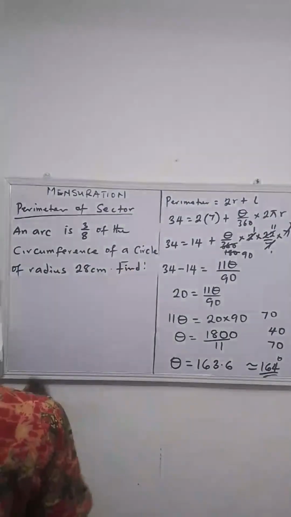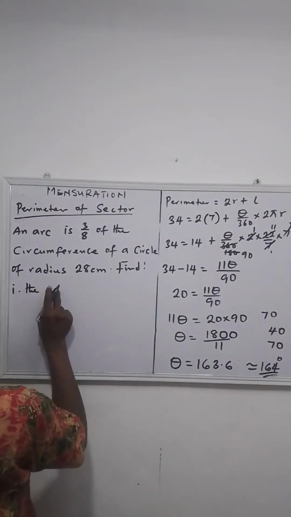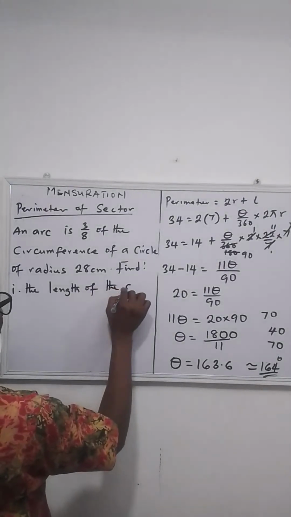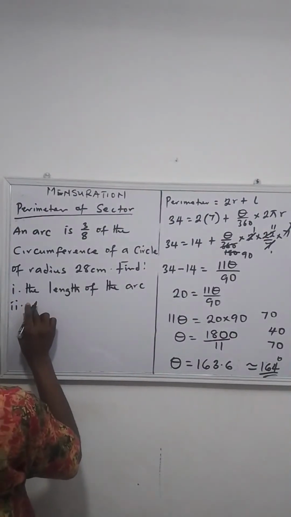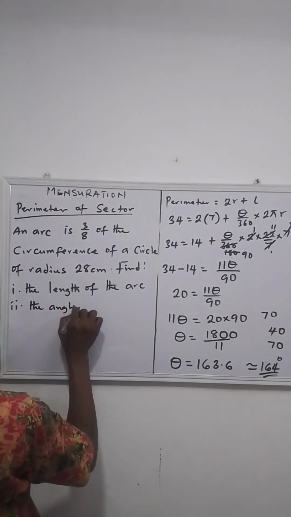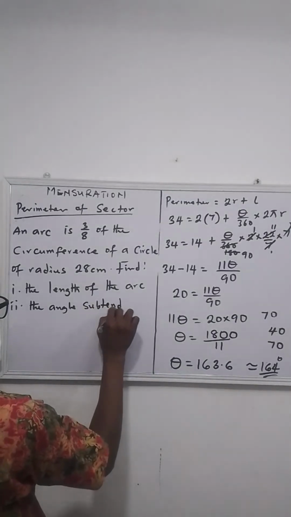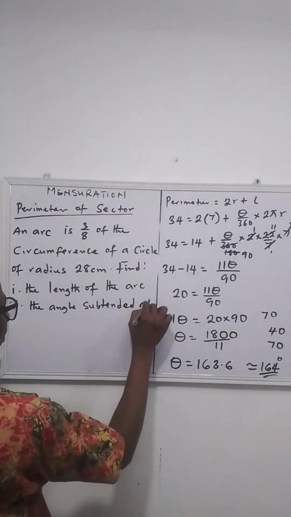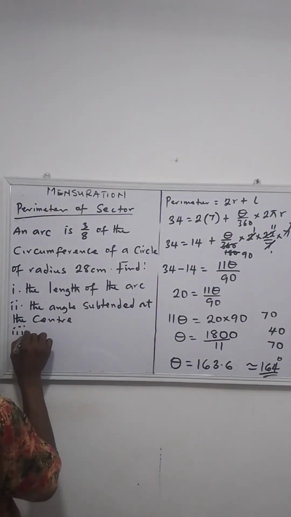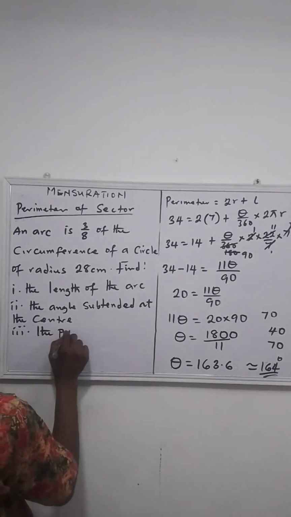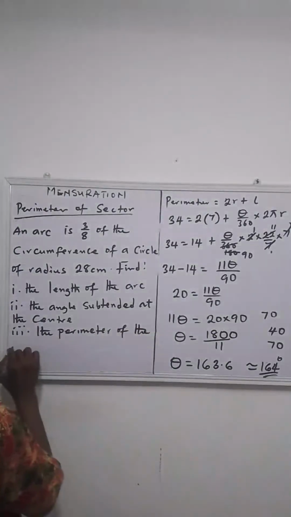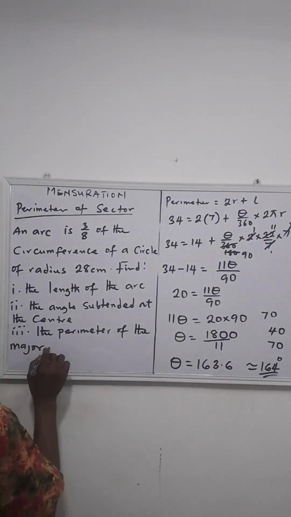Now find the length of the arc, the angle subtended at the center, and the perimeter of the major sector.